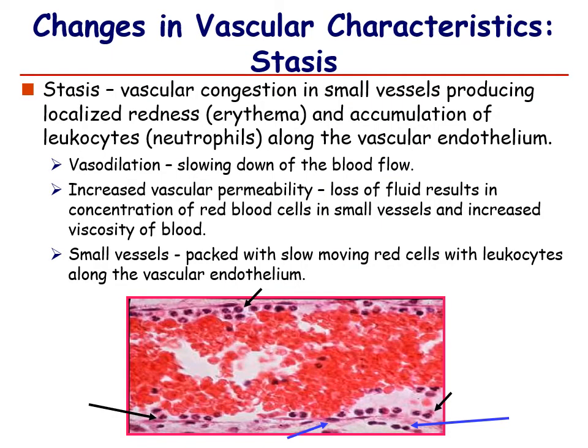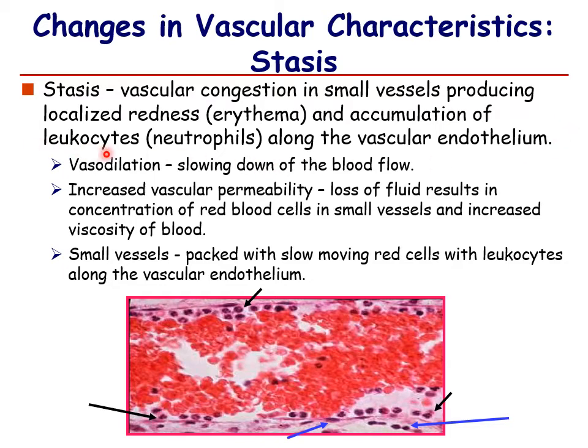Now, as a result of vasodilation and increased vascular permeability, a phenomenon called stasis occurs. Stasis is defined as vascular congestion in small blood vessels, producing localized redness, which is erythema, and accumulation of leukocytes along the vascular endothelium.